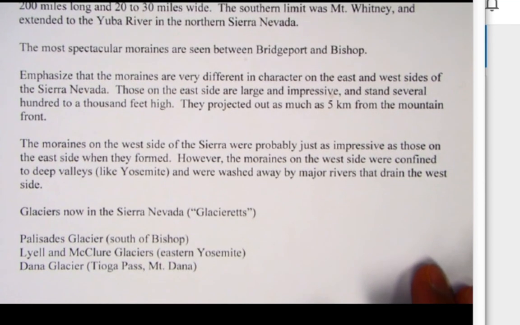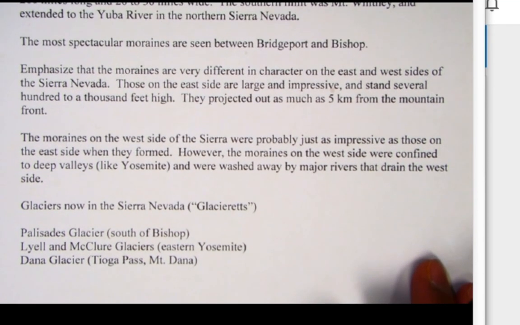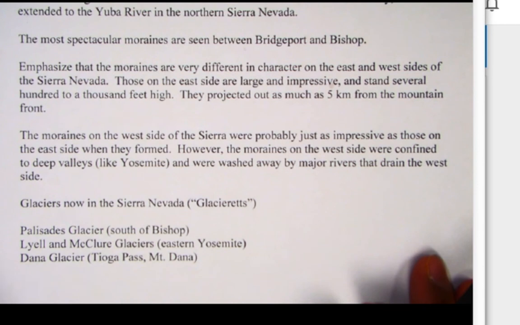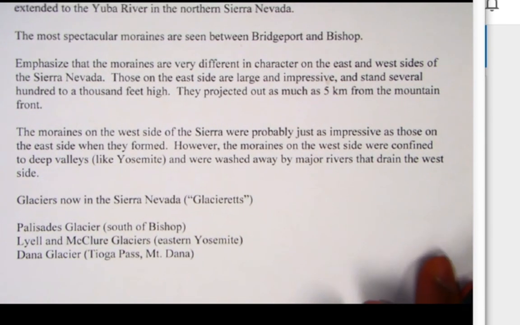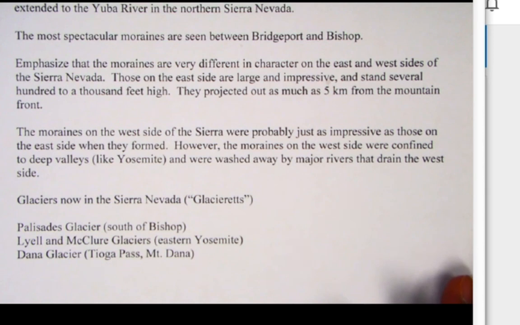And then there's a video I want you to watch with Greg Stock, one of my former TAs, who's now the park geologist of Yosemite National Park, and one of the co-authors of this book on the geology of Yosemite.